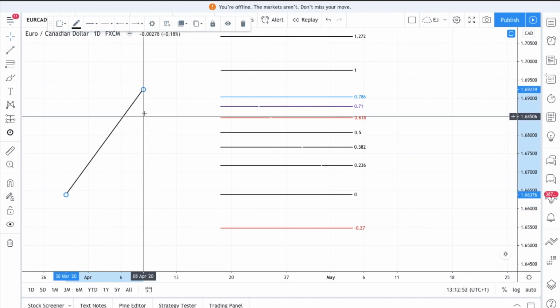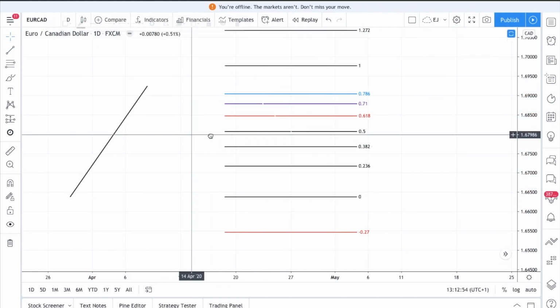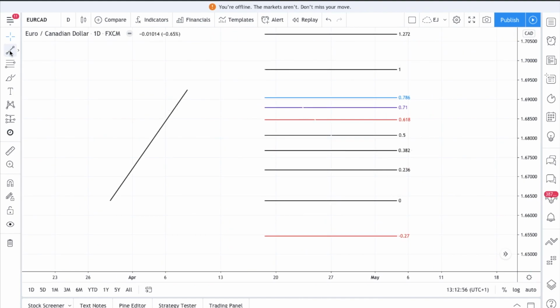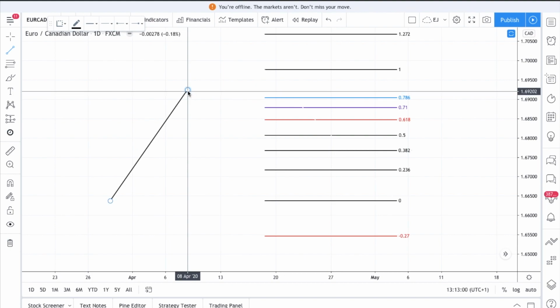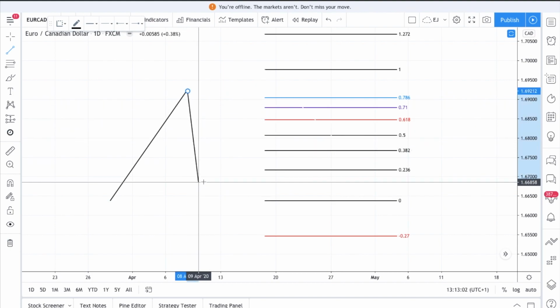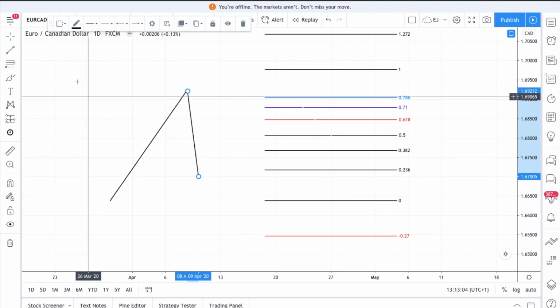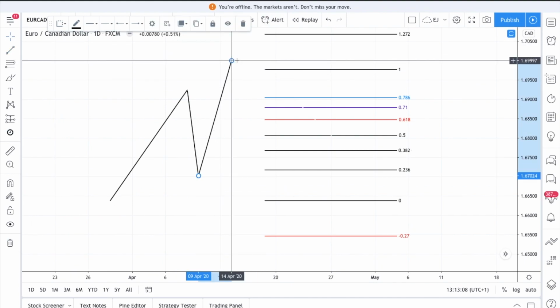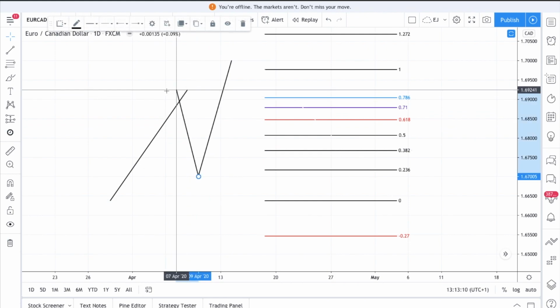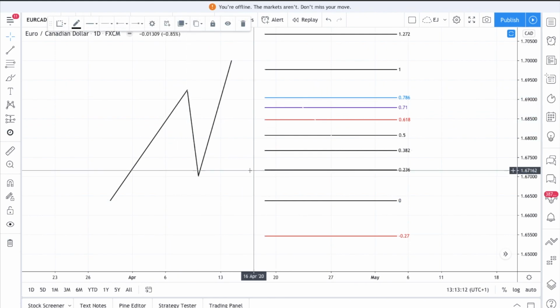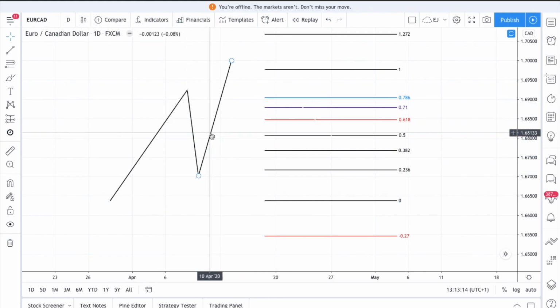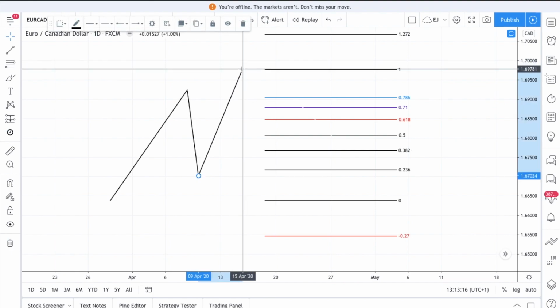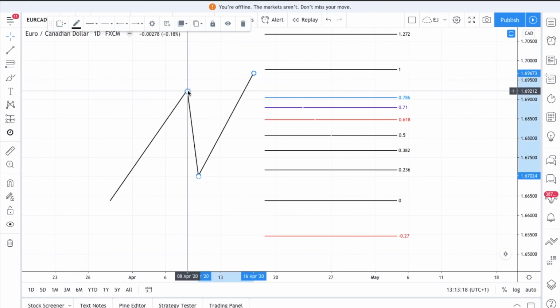So you've got a big impulsive move to the upside. Most bullish and bearish moves have to have some relief in the market and a little pullback. So we could get a pullback like so before taking off into the market, taking the market higher. So this is generally what an uptrend will look like.